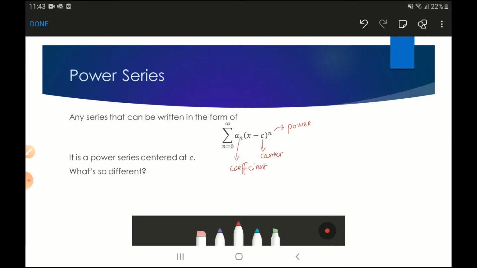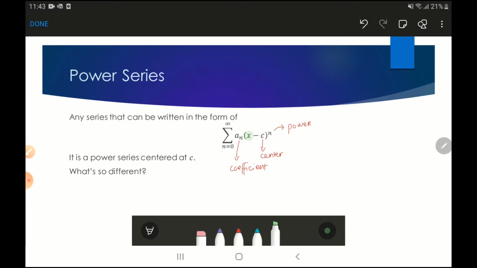So what's so different from this series and the series that we have learned before? You see here that we have x. Before we learned about power series, the term of the series changed only based on n, the working index, from 0, 1, 2, 3, 4.